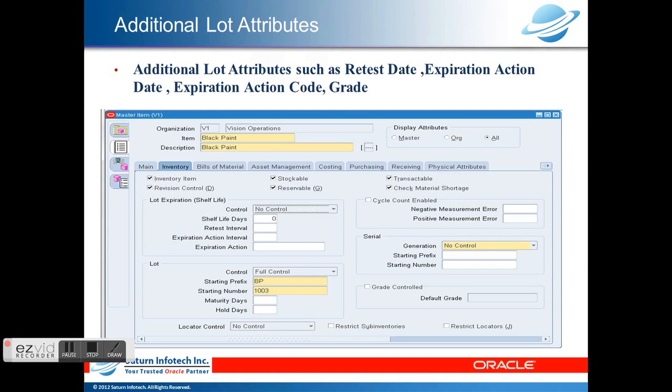Another feature provided is grade control. Do you want your item to be grade controlled? Then we can have that option checked. Also, we can give a default grade. Let's try to understand what a grade is. Especially in the food industry and process industry, wherever we purchase raw material, it can have different grades.